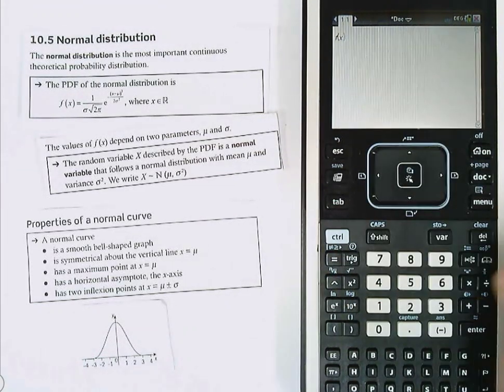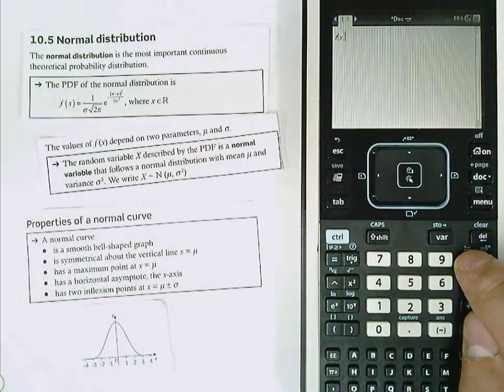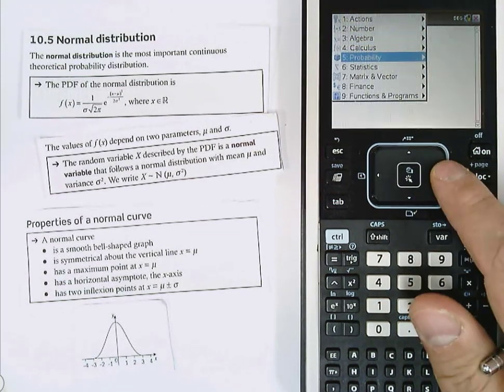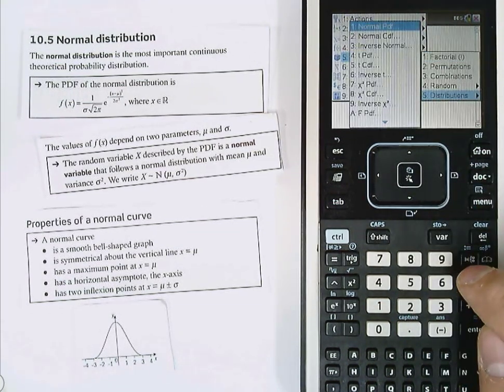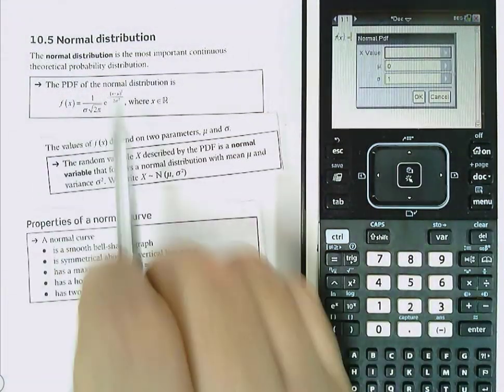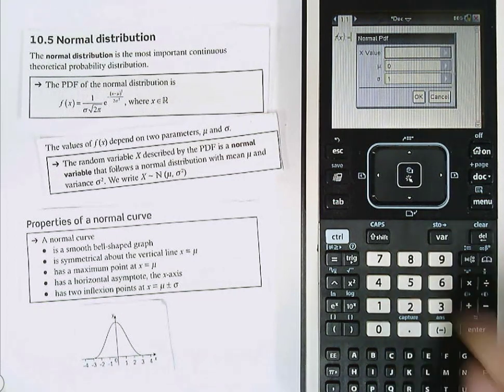I could type in everything that is the normal distribution here, but we can actually have a function for that. So I'll go menu, probability, distributions, and make sure you pick the normal PDF, because this is a PDF, not the CDF. And we're going to have a random variable x.